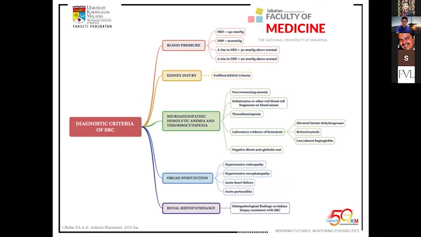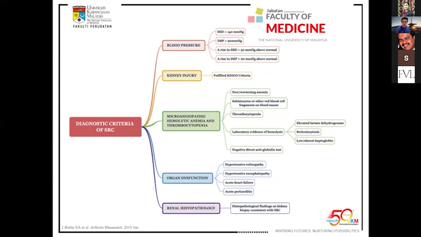With acute kidney injury that fulfills the KDIGO criteria, and there must be evidence of a TMA with anemia, with a full blood picture showing the evidence of schistocytes, thrombocytopenia, and there is lab evidence of hemolysis like elevated LDH, reticulocytosis, and a low haptoglobin, as well as a negative Coombs test to rule out hemolytic anemia. And you must have some other evidence of other organ damage, like a heart, neurological manifestation, or lung manifestations.